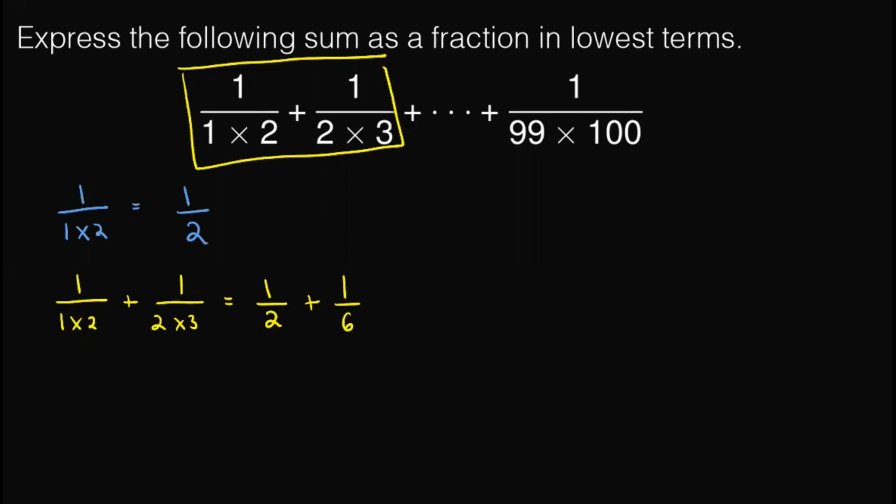Then we can multiply 3 over 3 out here. So we will have 3 over 6 plus 1 over 6. And this simplifies into 4 over 6. Or in lowest terms, this simplifies into 2 over 3.